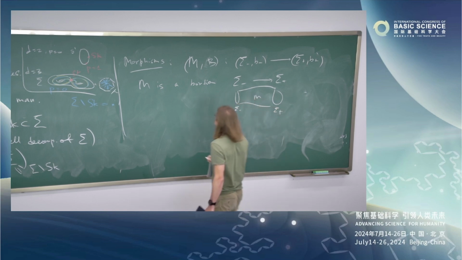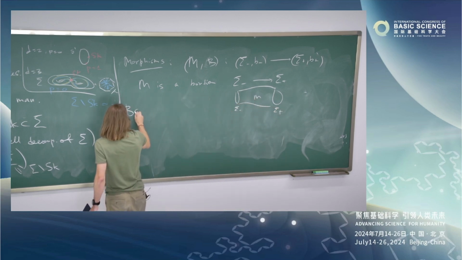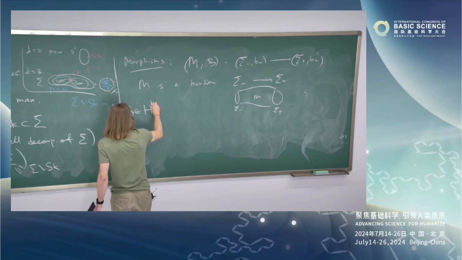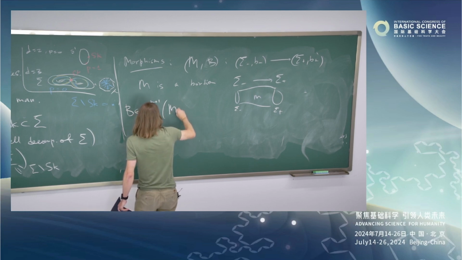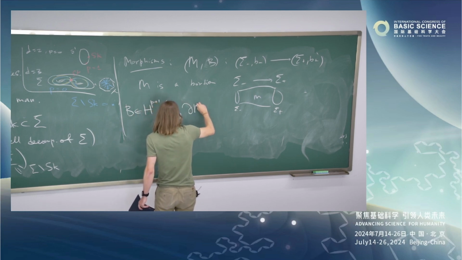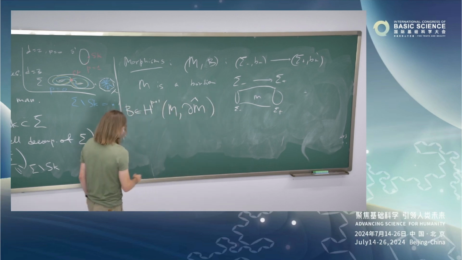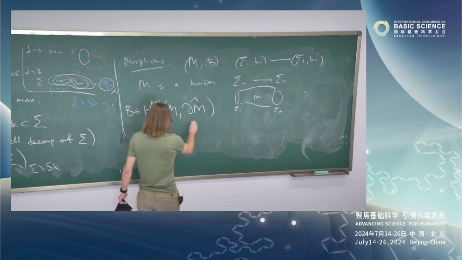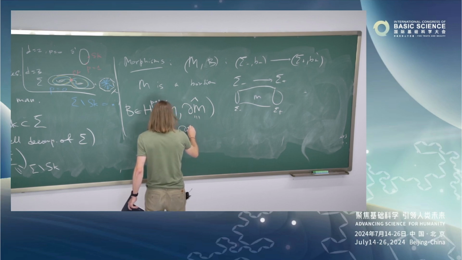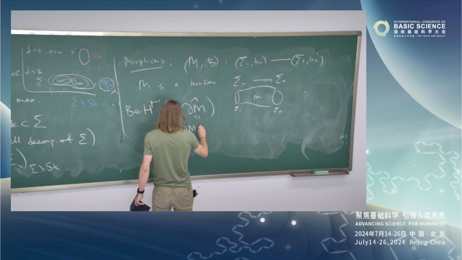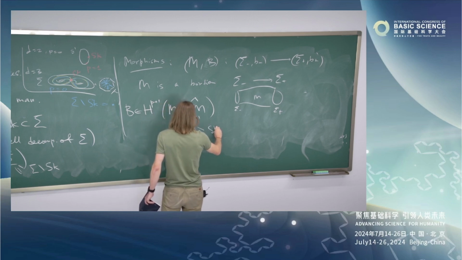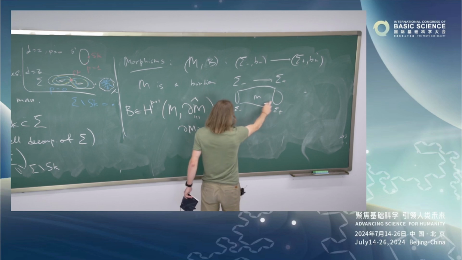This and the extra data V, a class in the first cohomology of M relative to dM hat. Dm hat means, again, I will write it explicitly once more: it's a complement, the boundary minus the skeletons in the boundary.